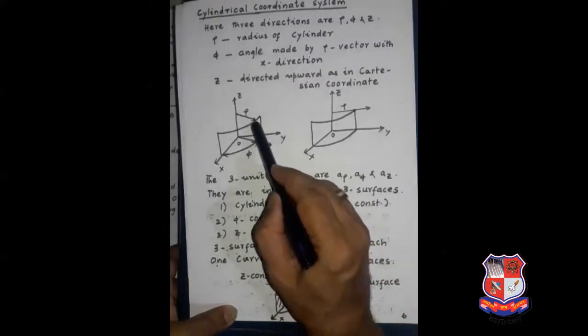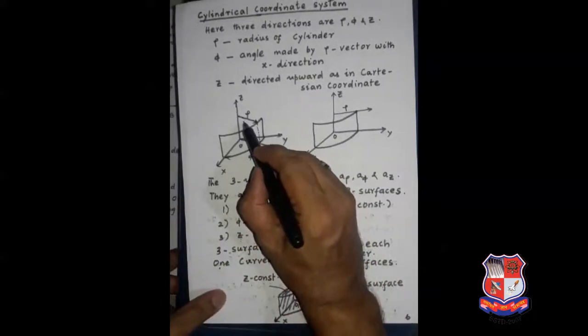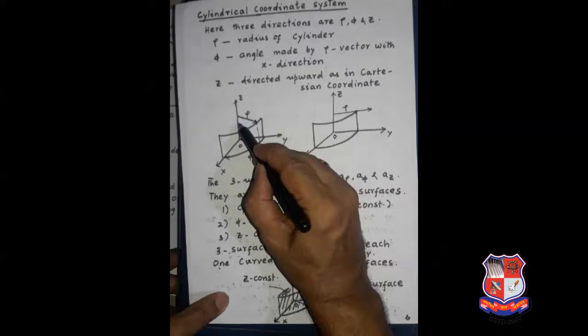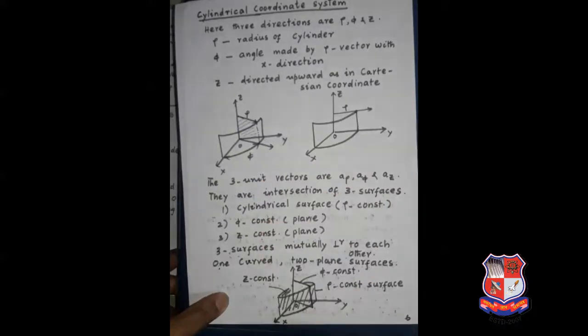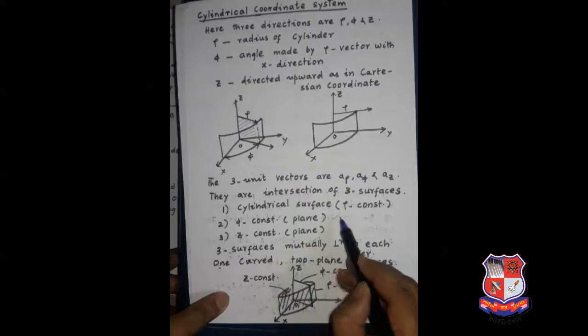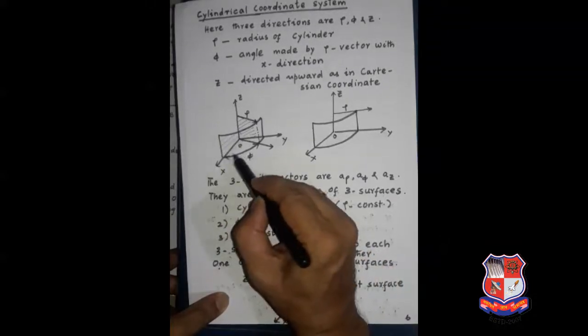So you can see here the plane surface is this one. This is one surface, that is your phi equal to constant surface, and this is the curved surface which you can easily make out.